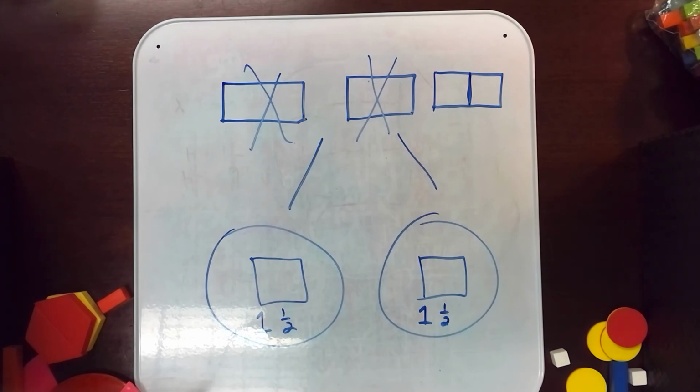Okay, so I'm looking over my instructional talk page to make sure that I said everything about representing fractions. We represented with strip diagrams, with a number line, concrete and pictorial models. We talked about the different ways to represent fractions with area models, length models, and set models.